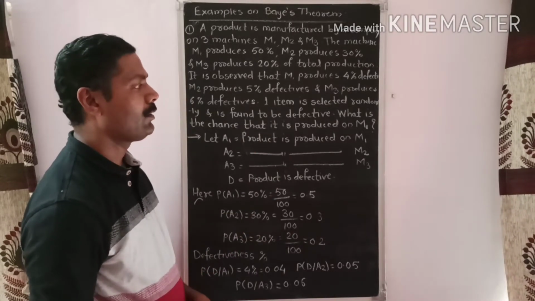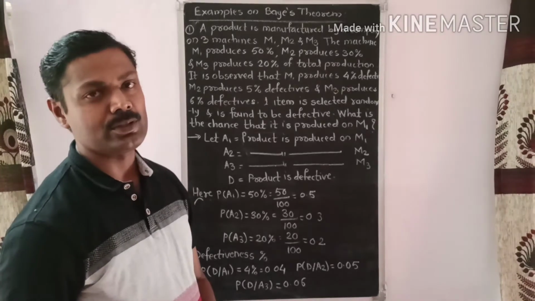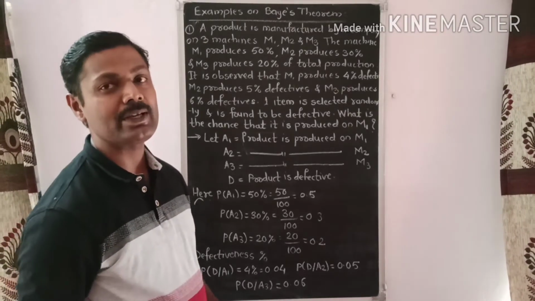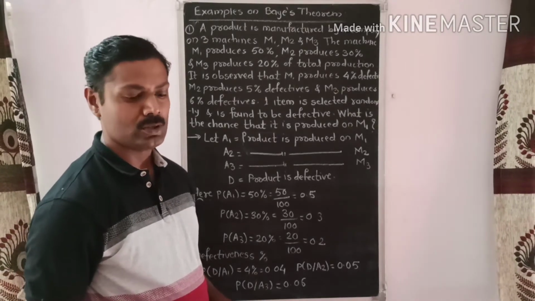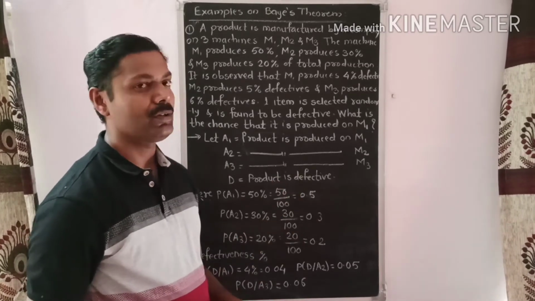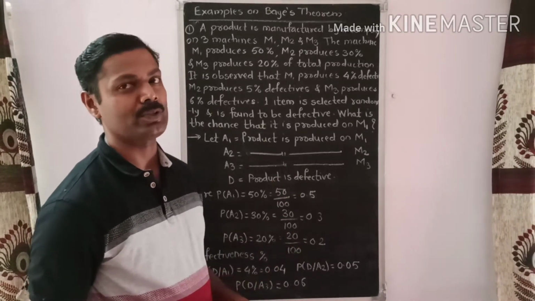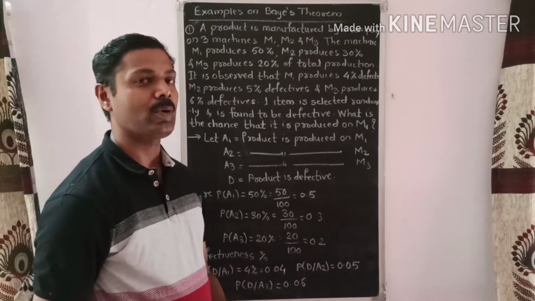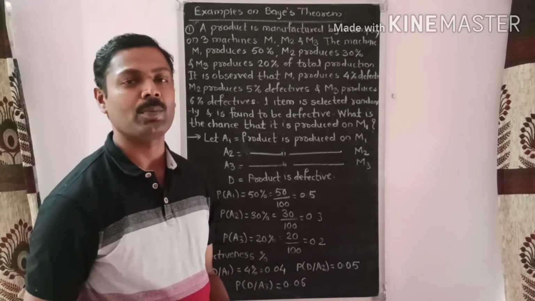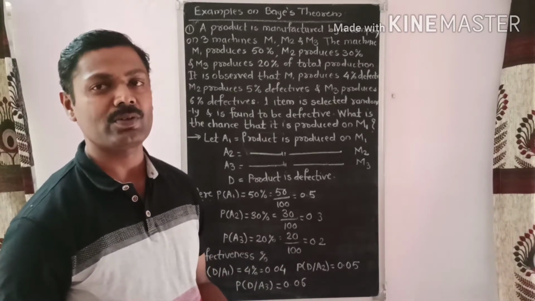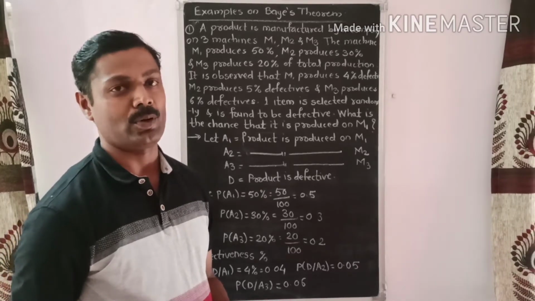So for these types of examples we can use the Bayes theorem, because in this example we have been given two types of information. It is information about production and information about defectiveness, the percentage of defectiveness and percentage of production.